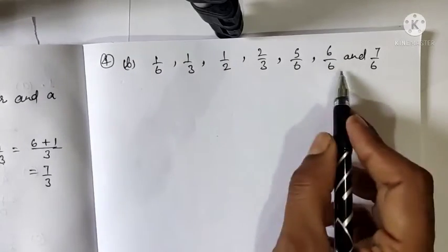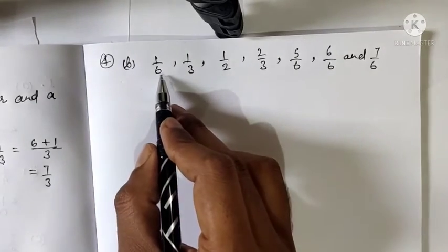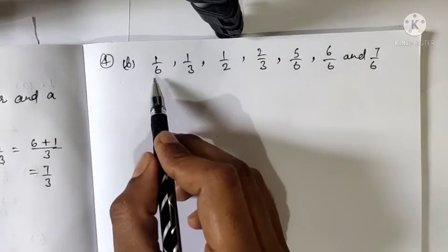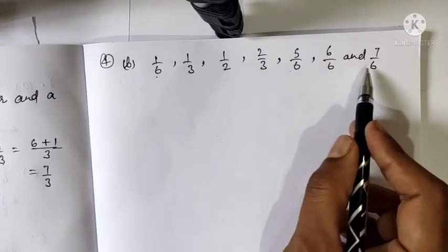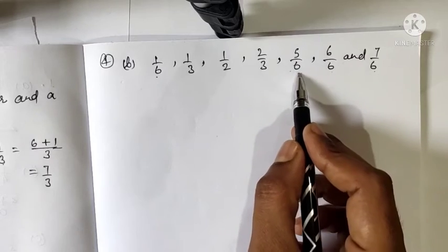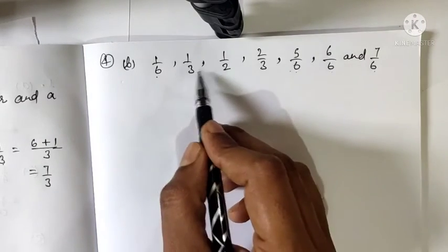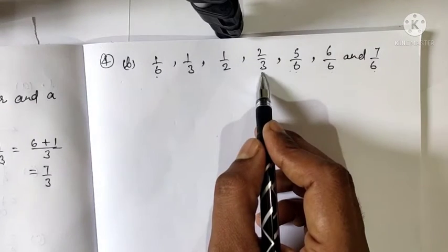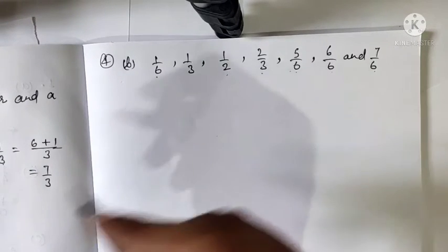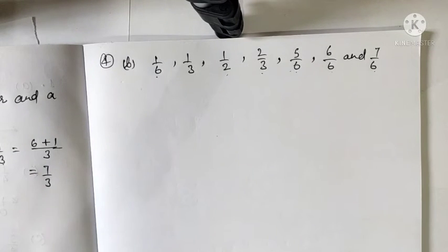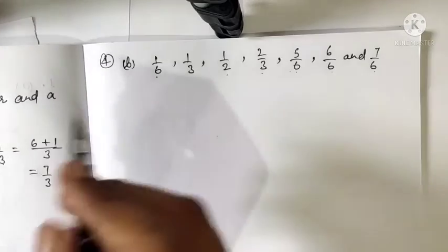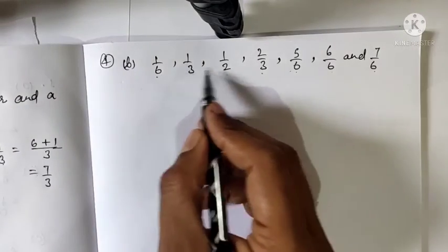Now just look at the denominators of all the given fractions. They are different. There are 4 fractions having 6 as denominator, 2 fractions having 3 as denominator, and 1 has 2 as denominator. So we are going to take the LCM of 6, 3, and 2.